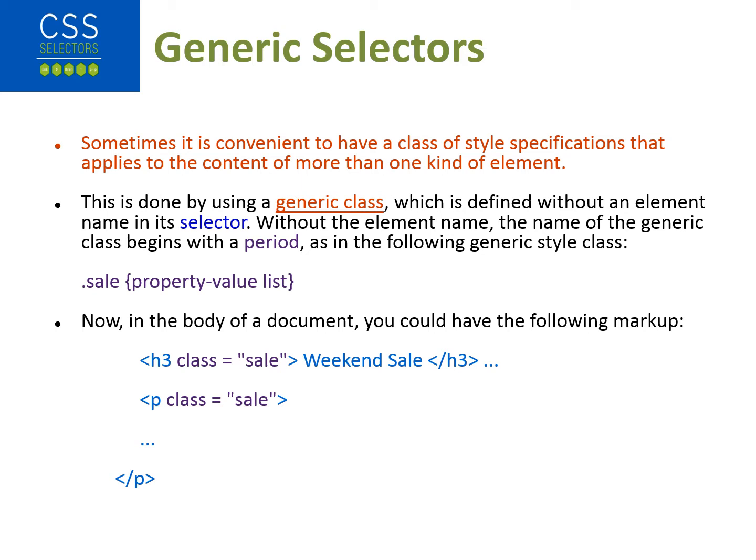So the property value list of sale will be applicable for the text in H3. The same class style definition can be applicable for a paragraph, or it can be used for different headers.